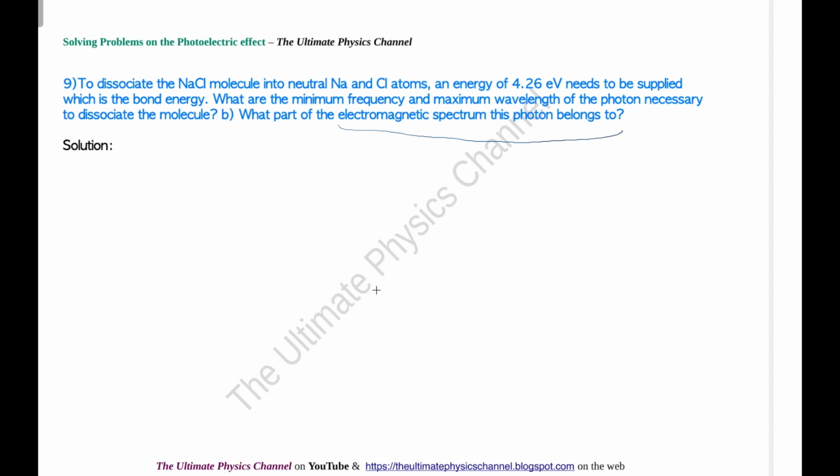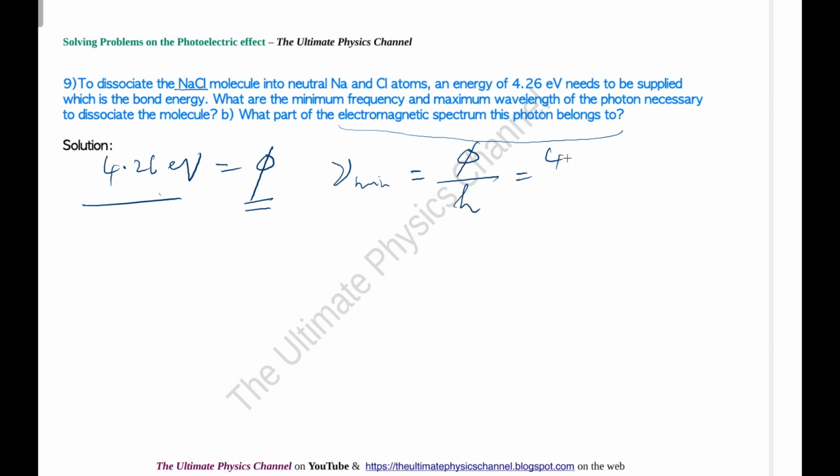Okay, so we can start from the bond energy that is given to us as 4.26 eV of the sodium chloride molecule. And in order for this dissociation to occur, we need to supply a photon having the same energy. That means we are getting this as a work function. This is typically equivalent to the work function. And therefore, in a photoelectric case, if this is attributed to the work function, then we can easily get the minimum frequency as work function over Planck's constant.